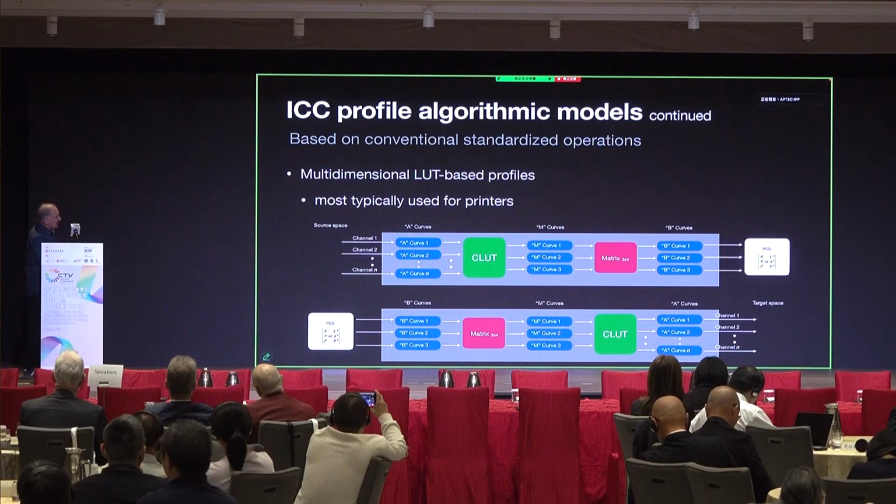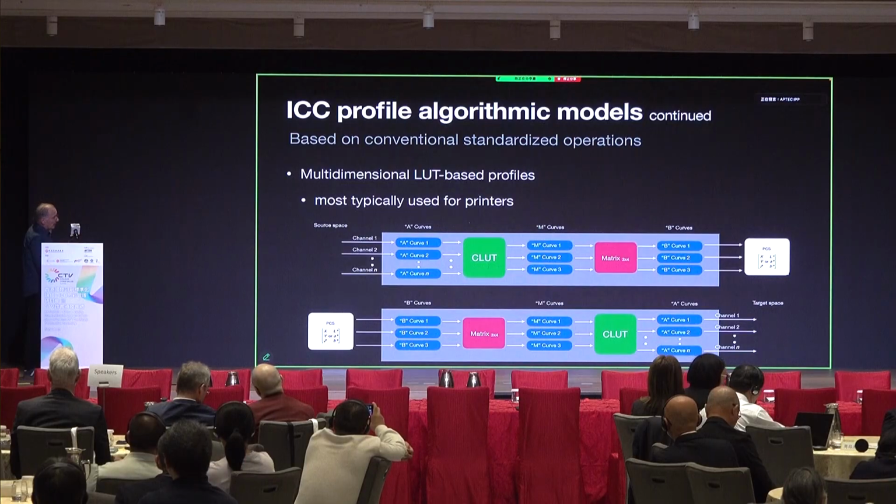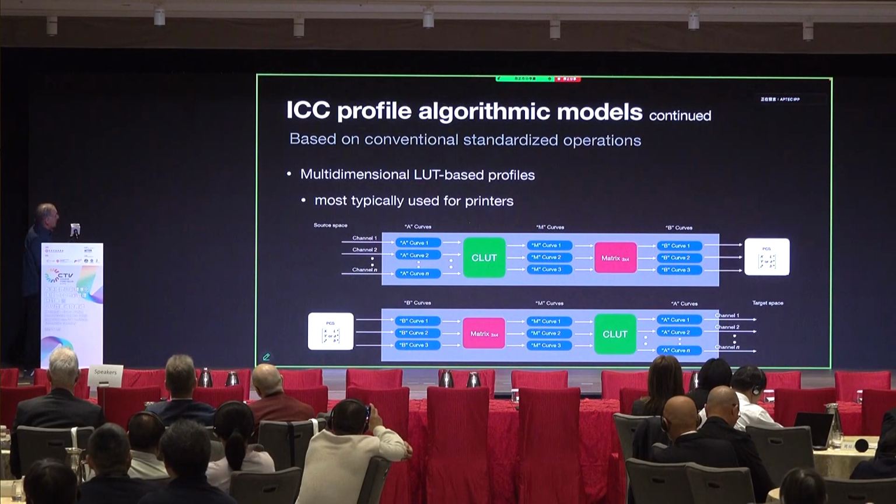Most typically, this is where we are dealing with more complicated processes like a printer. Then our intent is to reproduce the color the best possible way on this device, and this is where this model which I'm presenting is useful.